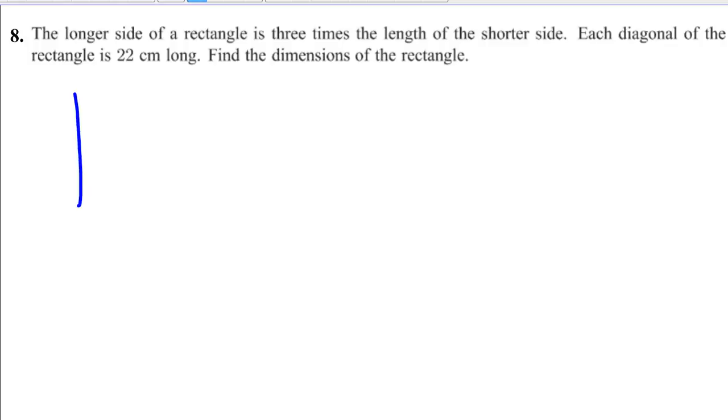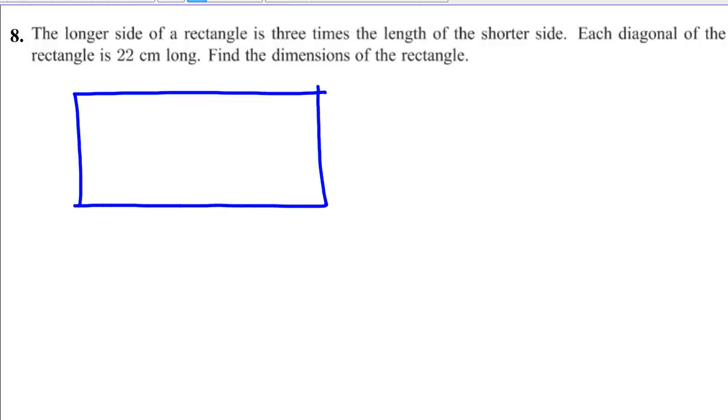So I'll sketch a simple rectangle here and try and highlight just the important things. So the longer side is 3 times the length of the shorter side.